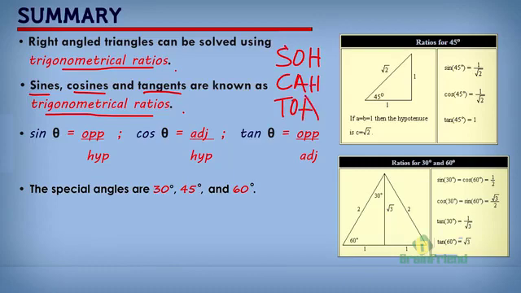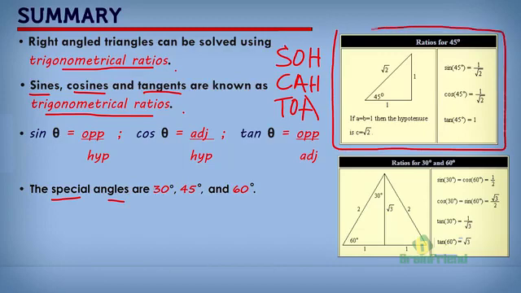Finally, we learned about the special angles. Remember the 30 degrees angle, 45 degrees angle, and the 60 degrees angle. We said that values can be derived for those angles that we can use in our calculations for easy solving of problems.